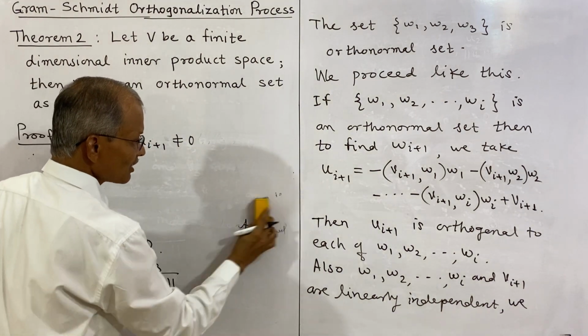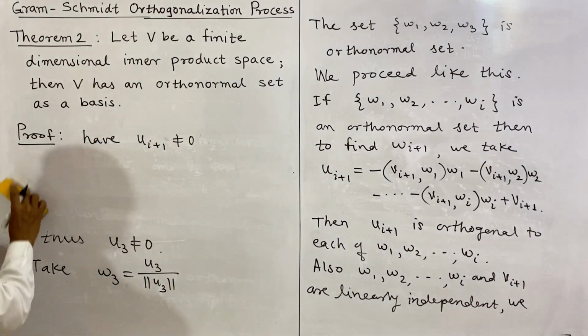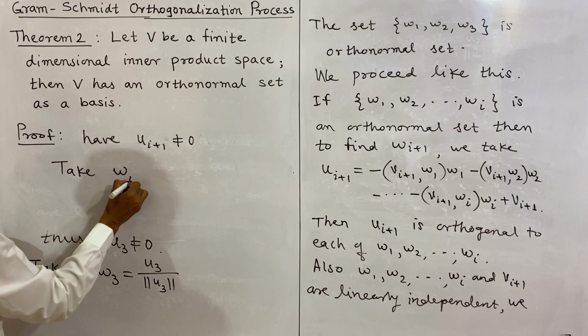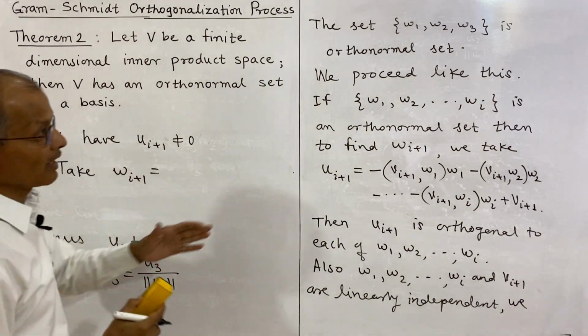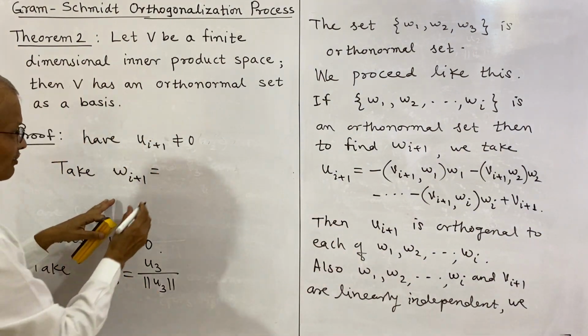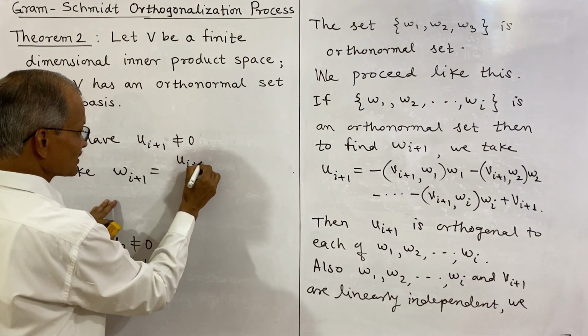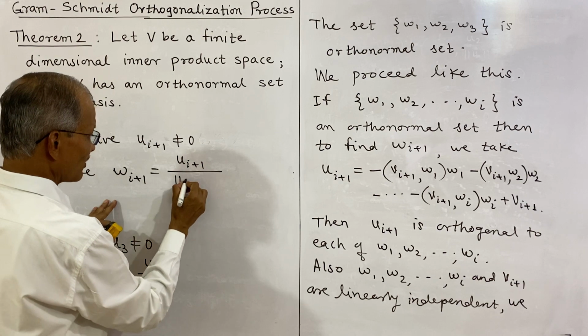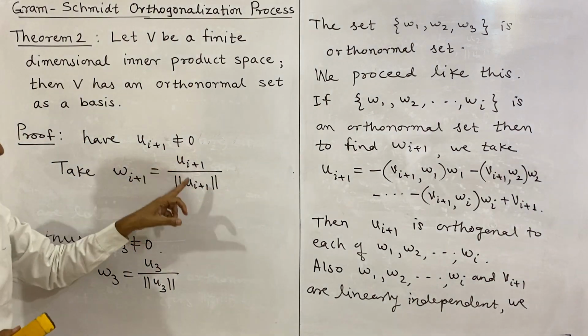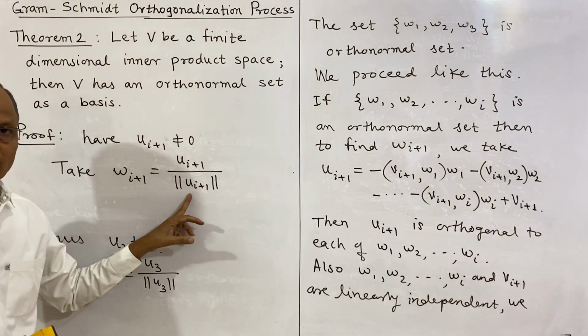And why must this not be 0? Because we now take w_{i+1}. How do we take the next vector from this step? We take w_{i+1} as u_{i+1} divided by the norm of u_{i+1}, and if this vector is 0, this will not be defined, as the denominator becomes 0.